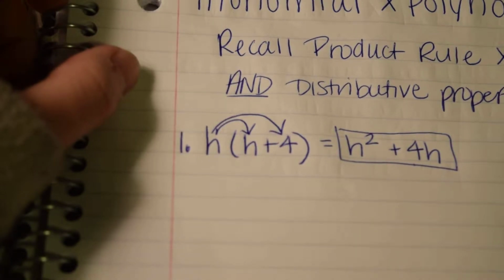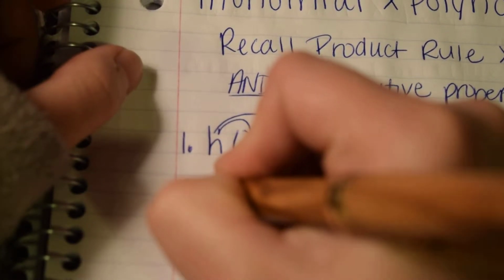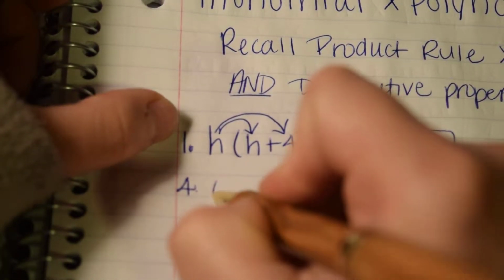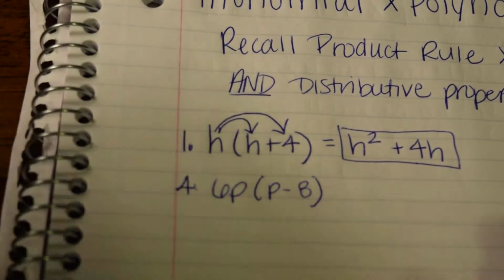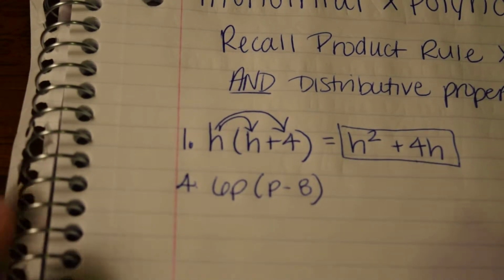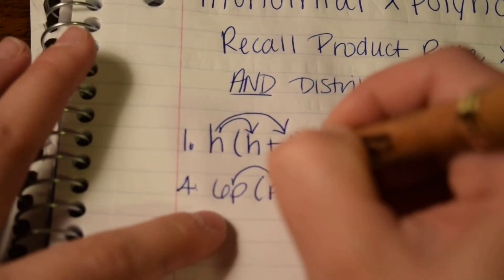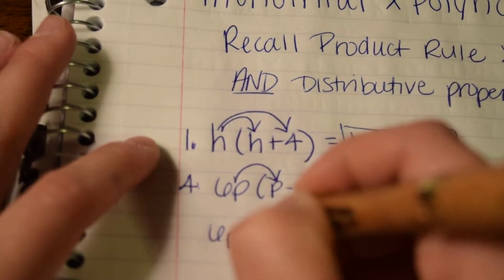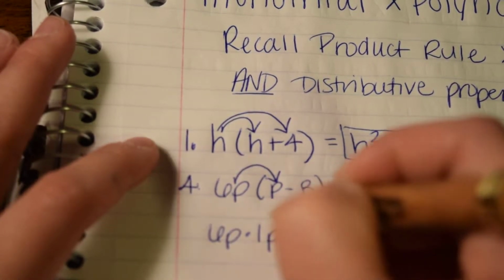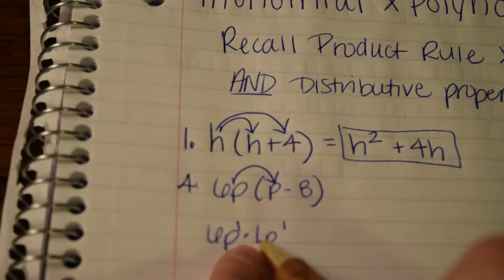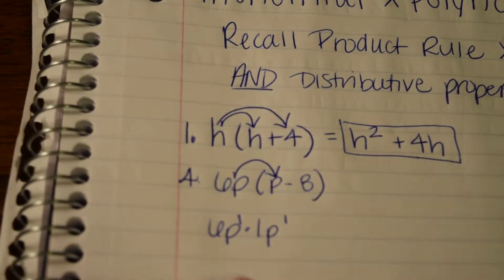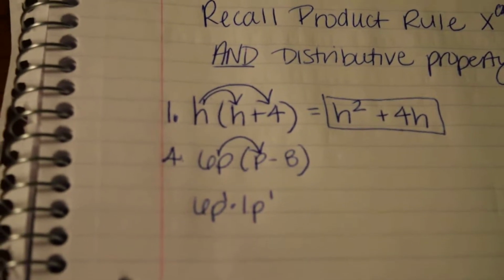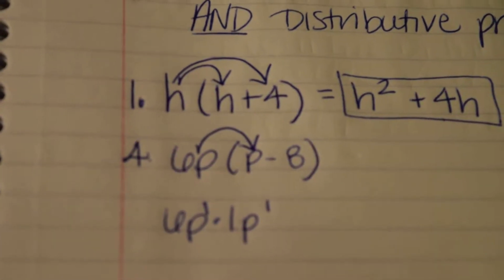Let's look and see number 4. It says 6p times the quantity p minus 8. So we have 6p times p. It's the same as saying a coefficient of 1 in front, and it is the same as saying a power of 1.